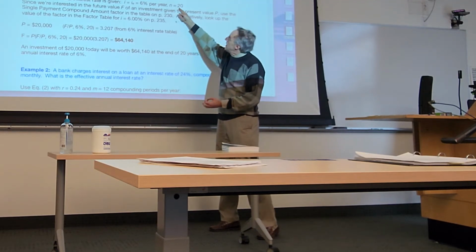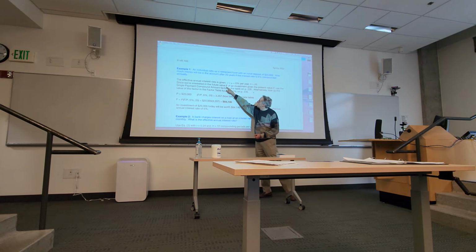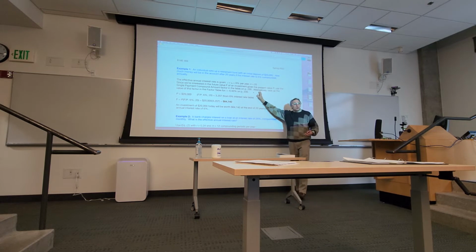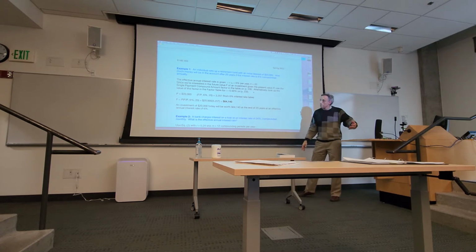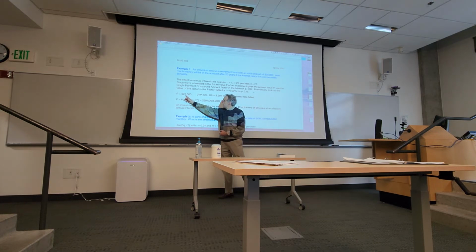What we're interested in here is the future value of that investment. The current value, we call that present value, we give it a P designation, P. And we're interested in finding out the future value of this present amount of $20,000.